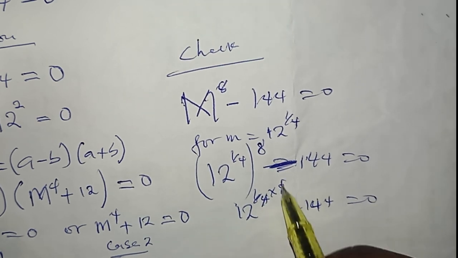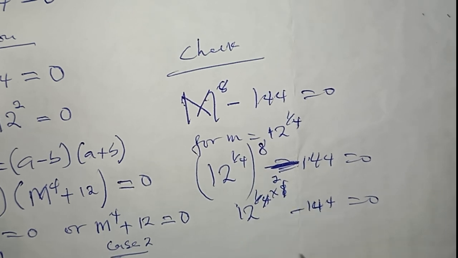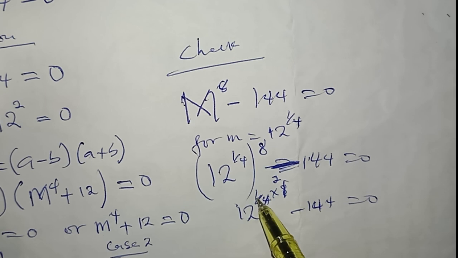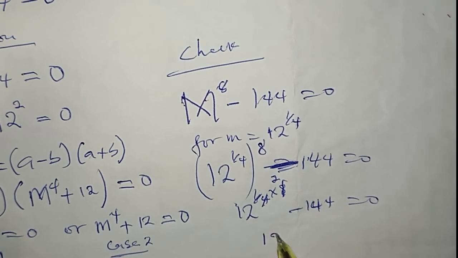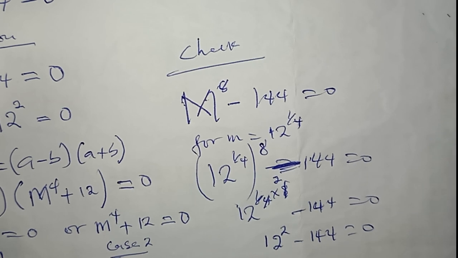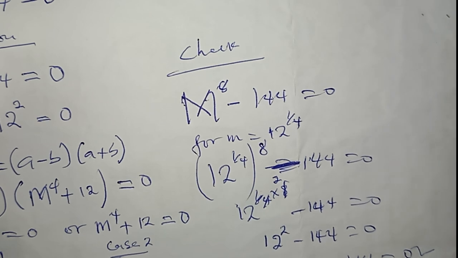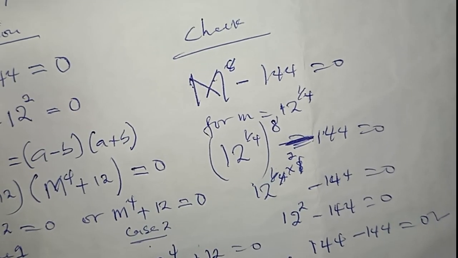This cancels this, and 4 divided by 4 is 1, 4 divided by 8 is 2, so 2 times 1 is 2. So I have 12 power 2 minus 144 is equal to 0, and obviously 12 power 2 is 144, so 144 minus 144 is equal to 0, and you can see it satisfies.